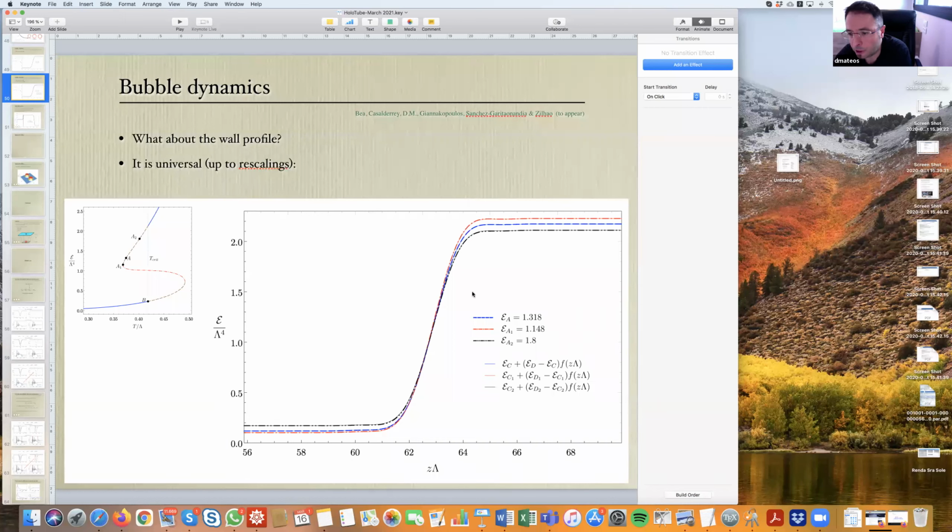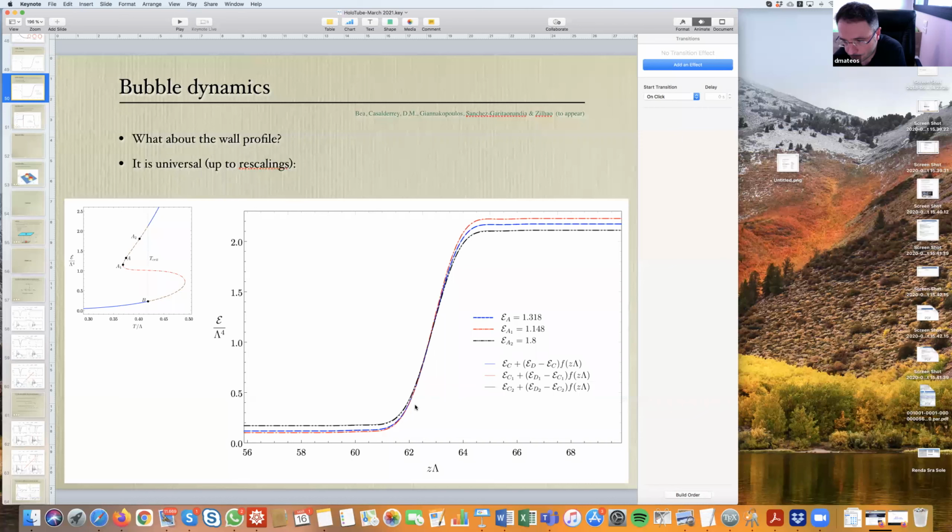But it will not predict the wall velocity. Once you specify the nucleation temperature, that will allow you to determine everything else, again, correct me if I'm wrong, except for the wall velocity. Any wall velocity is consistent with those matching conditions.